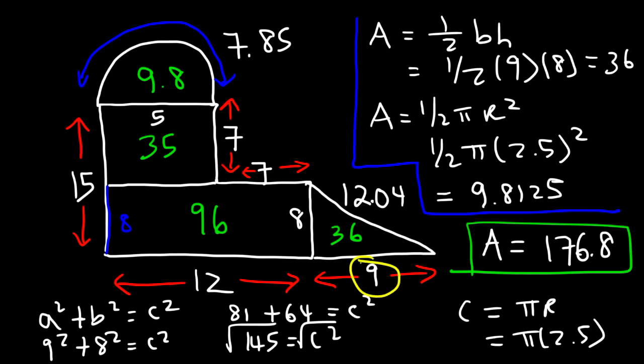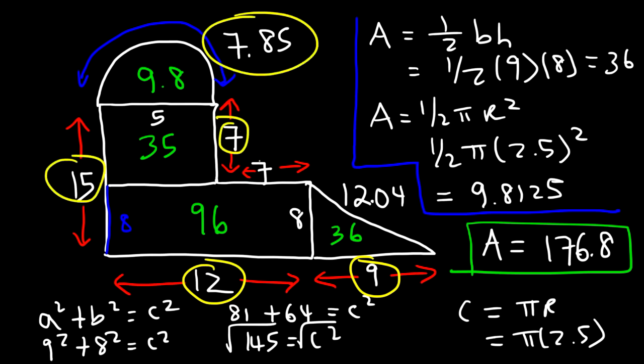So we need to add 9, 12, 15, 7.85, 7, 7, and 12.04. 12 and 9 adds up to 21, and then once you add 15, that's 36, and then plus 7.85, and then if you add 7 and 7, and then 12.04, you should get a perimeter of 69.89.